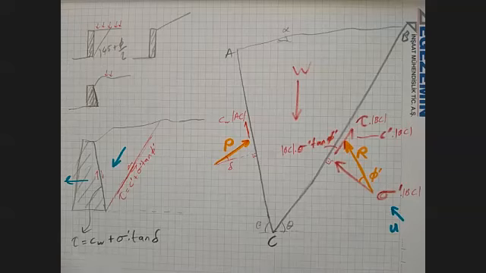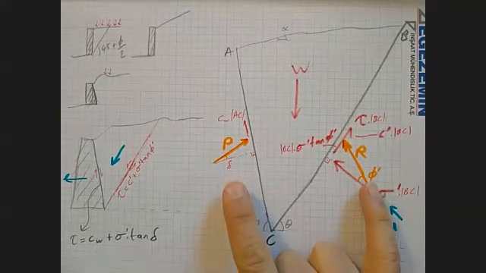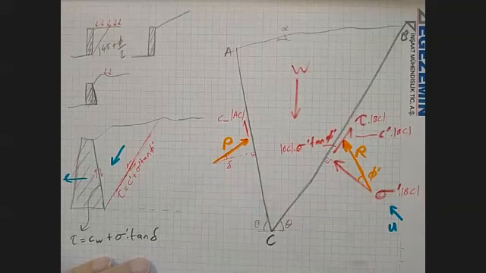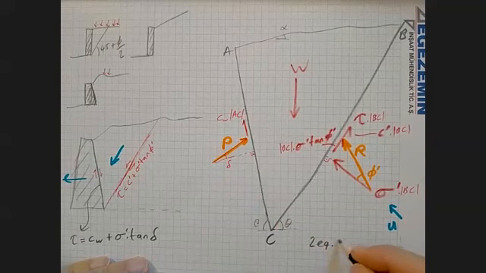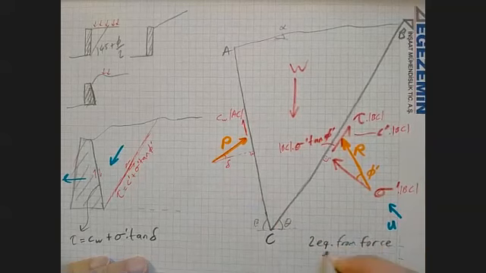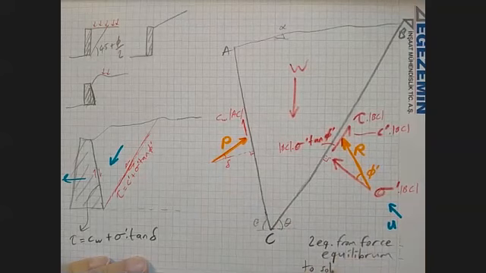So I have two unknowns and I have two equations. Two equations from force equilibrium to solve P and R.